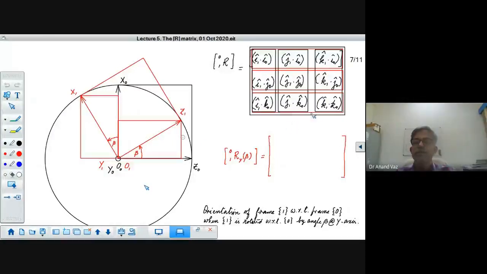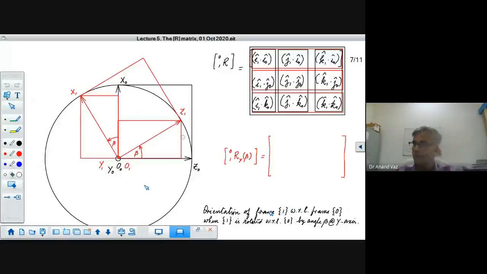Okay. And we have the structure of the R matrix here, and yesterday's empty box. We have to fill up the elements. So now we have orientation of the frame 1 with respect to frame 0, when frame 1 is rotated with respect to frame 0 by angle beta about the y-axis.